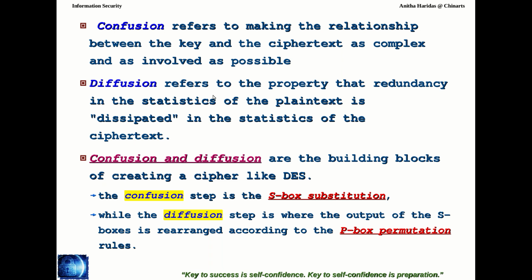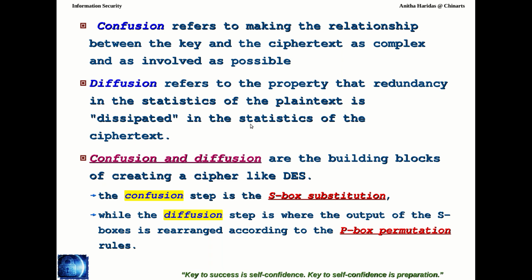Whereas diffusion refers to the property that redundancy in the statistics of the plain text is dissipated in the statistics of the ciphertext. So here we are going to shuffle the data. This is what we call bit shuffling. So we shuffle the data as much as possible so that the statistics of the plain text will not be maintained in the statistics of the ciphertext.